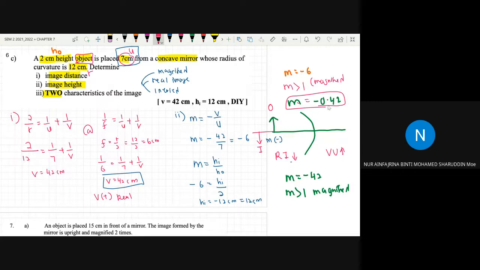Is it more than 1 or less than 1? Santi? Very good. Sebab dia adalah less than 1. So dia adalah diminish. So remember, kita ignore the negative. Kita fokus kepada number dia saja.